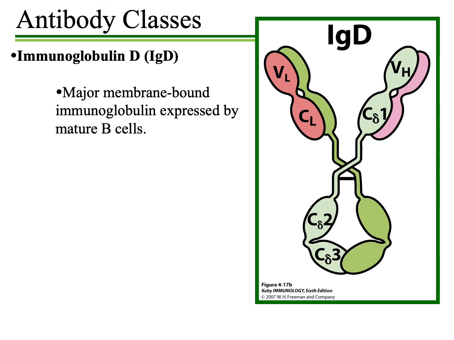It is thought to play a role in activating B cells, so this is a helper or an accessory type of antibody to help the activation of B cells like we discussed previously. It is in fact a major membrane-bound immunoglobulin, and it is expressed by mature B cells. But again, we don't have a lot of information on the exact function of this particular class, other than it's thought to play a role in activating B cells overall.